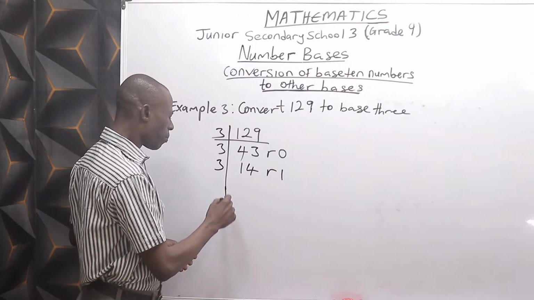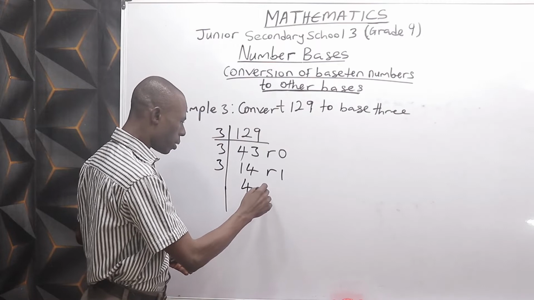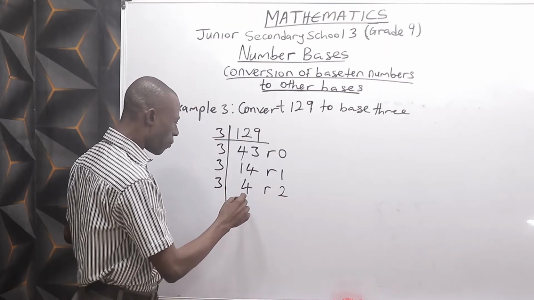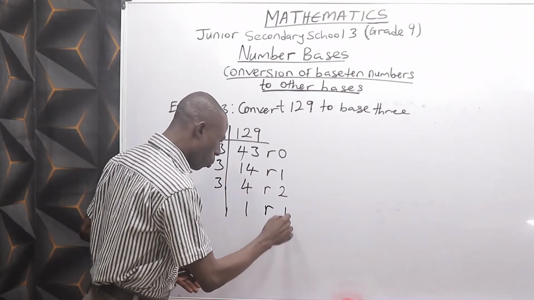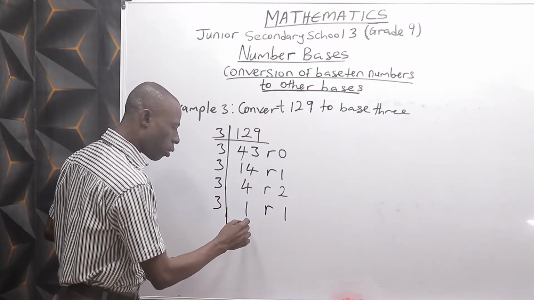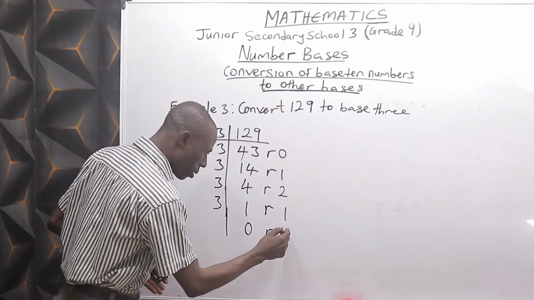3 again. In 14, that is 4. Remainder 2. 3 in 4 is 1. It remains 1. 3 in 1 is not possible, so we write 0. We repeat this same number 1 here.